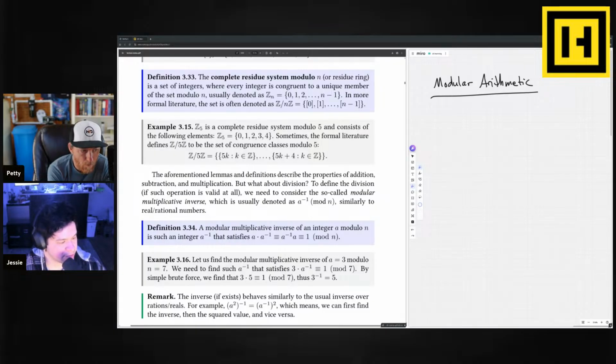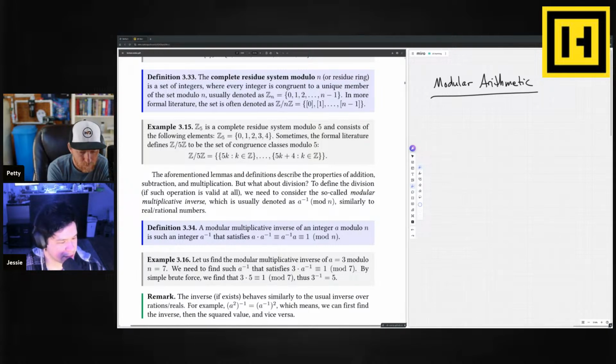So Z divided by 5Z is a set of sets, like you were saying earlier, where the first set is 5k. What does the colon mean again? Parameterized by. 5k is parameterized by k belonging to the set of integers Z.